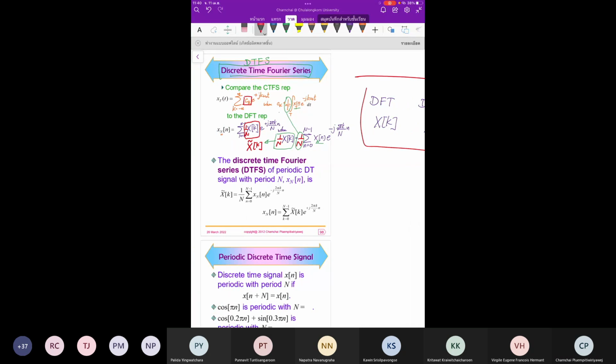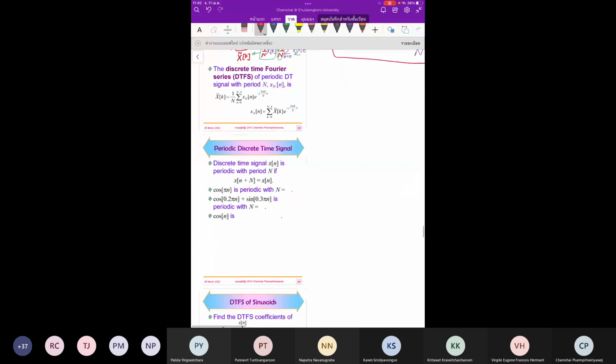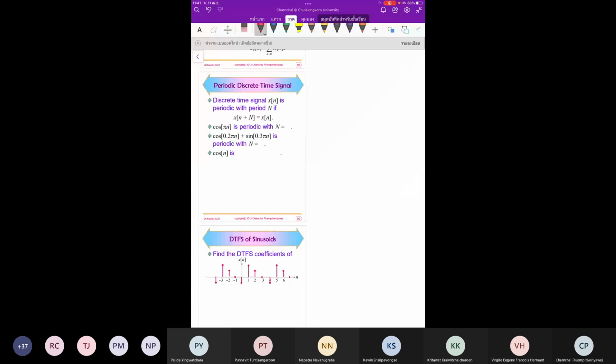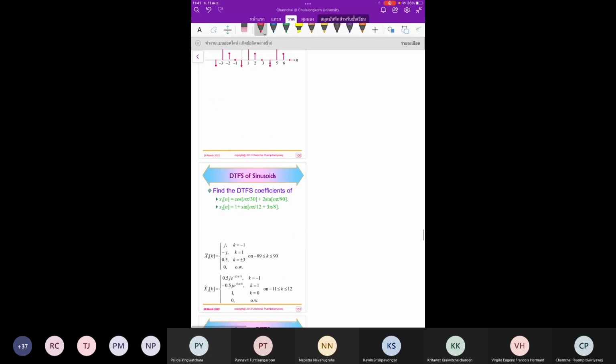All right, that's pretty much it. This is very important. If I ask you to find DFT or DTFS, they are similar. And that's it, I guess.